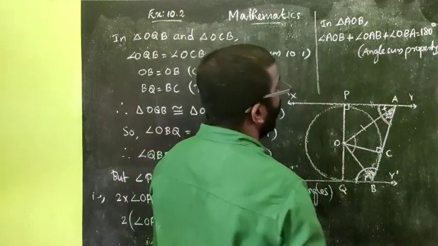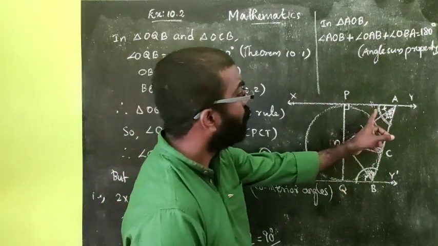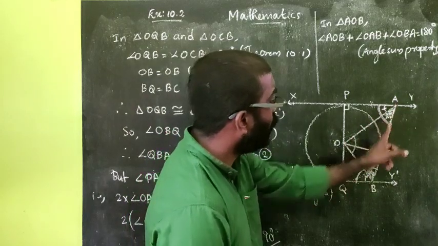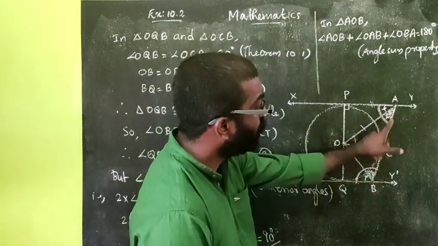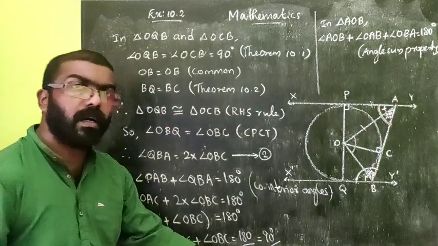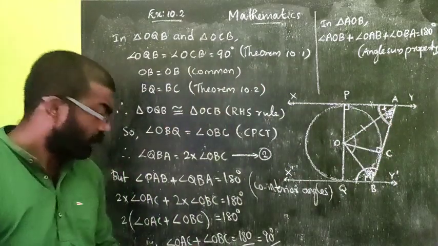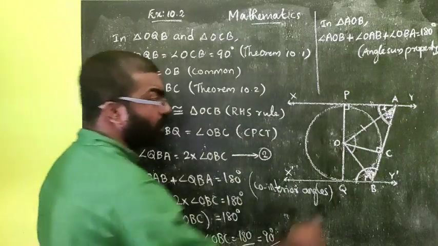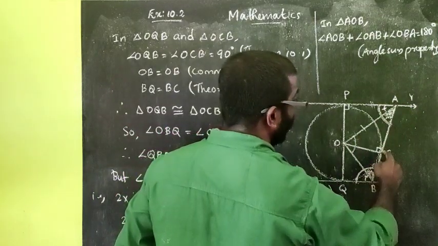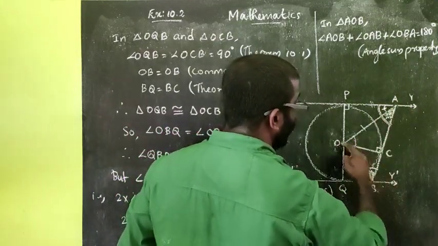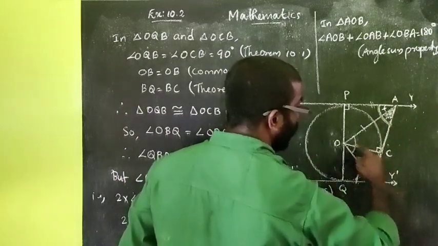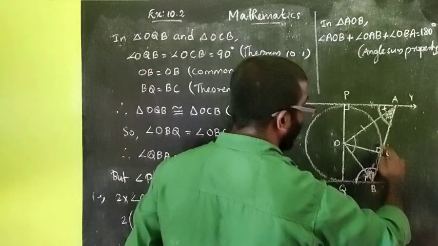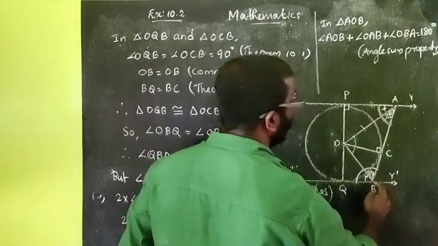And what about angle OAB plus angle OBA? The sum of these two angles is equal to what? 90 degree. OAC is same as what? OAB. If we extend AC, we get AB. So OAC equal to OAB.